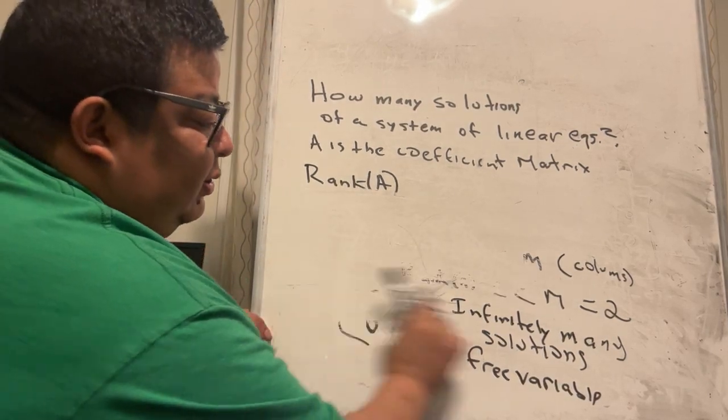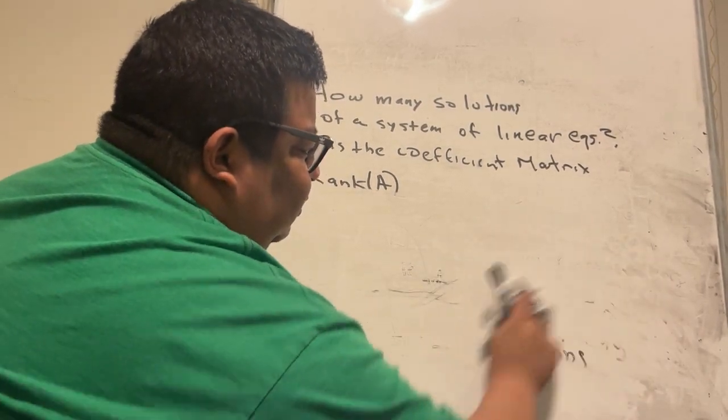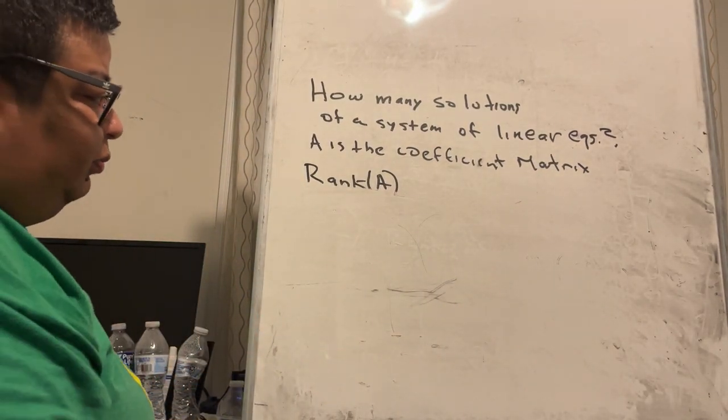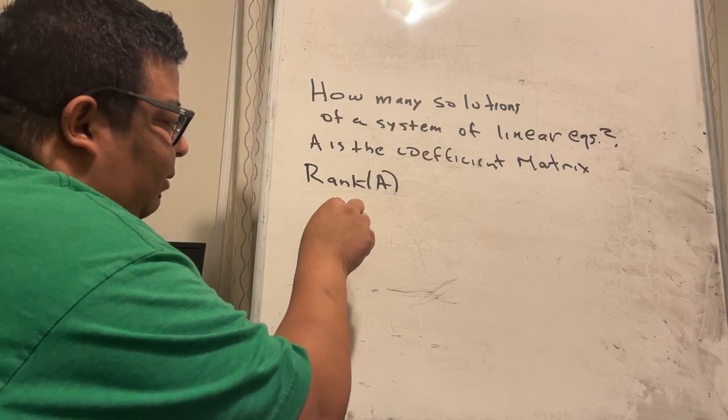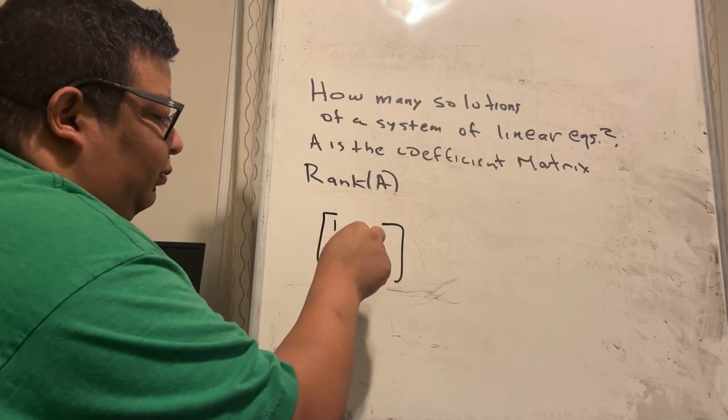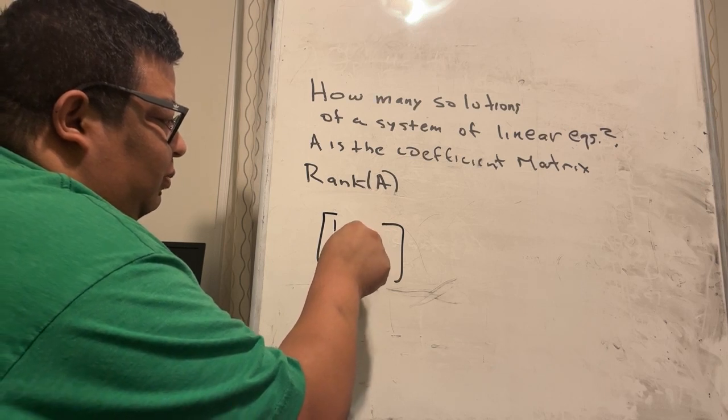The third case, when we have no solutions. There's only one case where we will have no solutions. If you have a matrix that looks like this, after you do row reduce echelon form, that looks something like this.